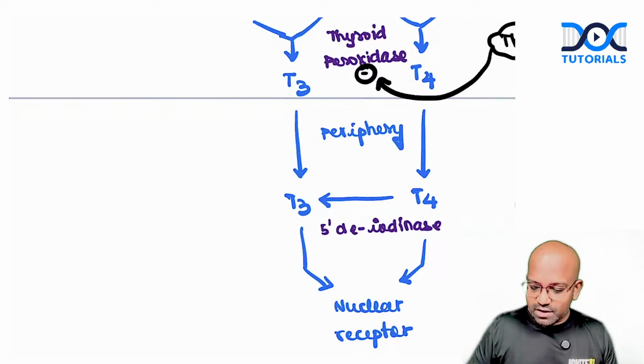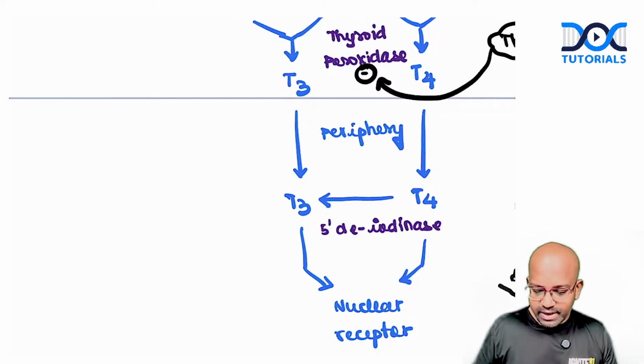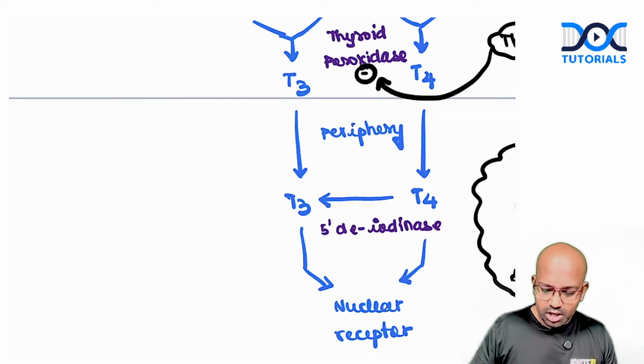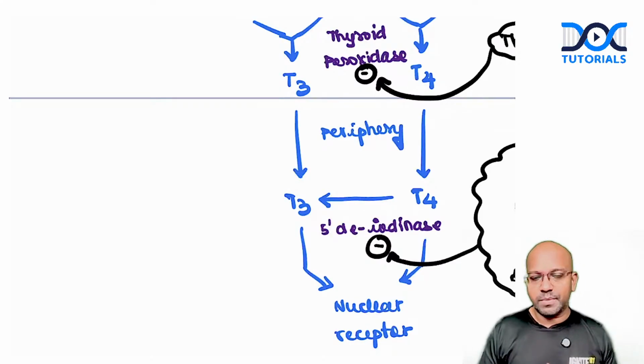We also have a drug, propylthiouracil, which is actually one of the thioamides, and amiodarone. Three drugs are there currently: propylthiouracil, propranolol, and amiodarone. All these drugs tend to have additional inhibition of 5-deiodinase enzyme. What exactly is propranolol? It's a beta blocker. Propylthiouracil is a thioamide molecule.